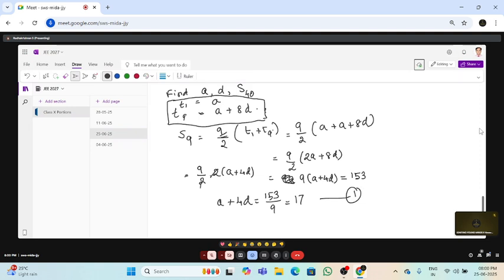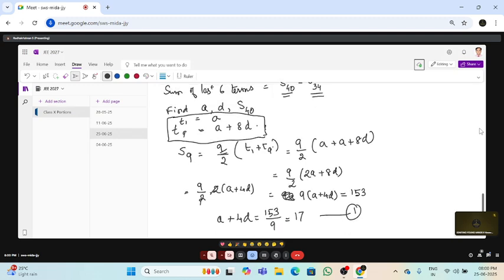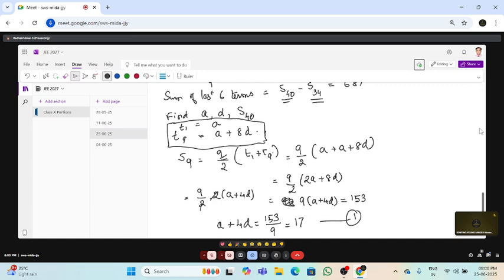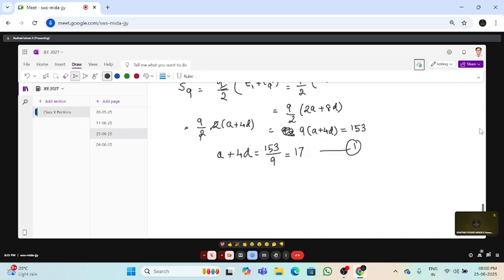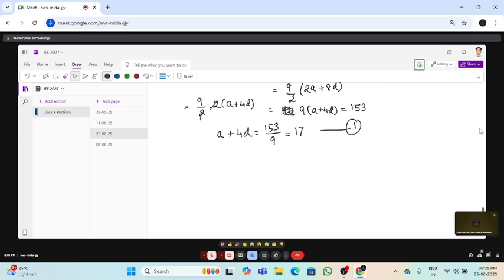Now come to sum of the last 6 terms. S40 minus S34. Actually, I'm going to do it slightly differently. So the terms from T35 plus T36 plus up to T40 is what we want.